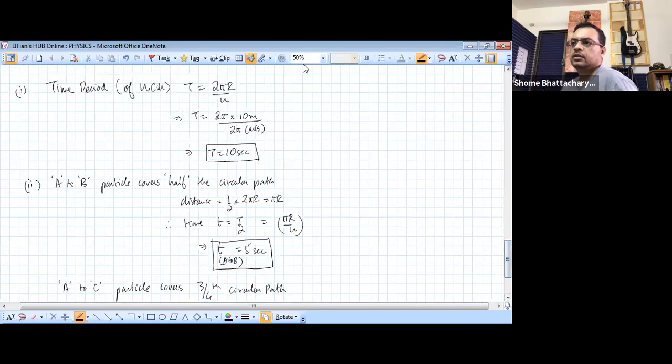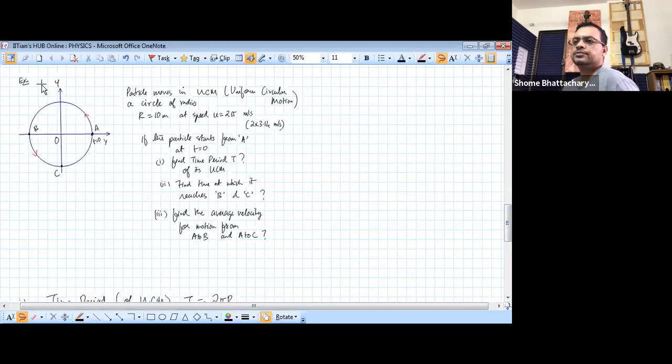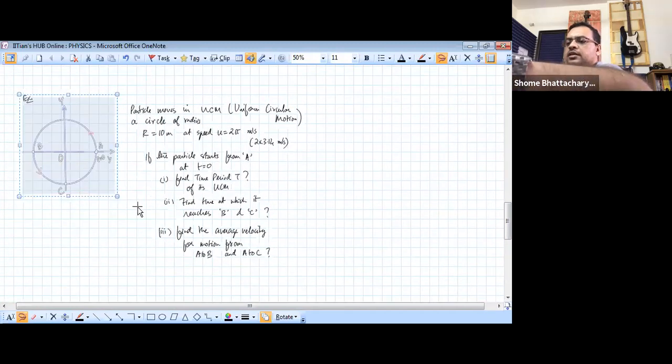Okay. So that you can see from the diagram. From this diagram, you can clearly understand what is happening.